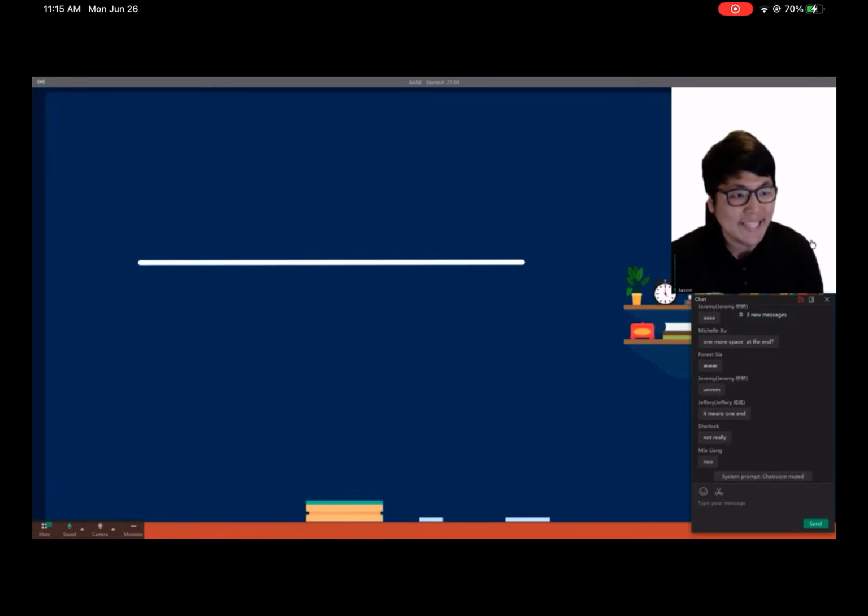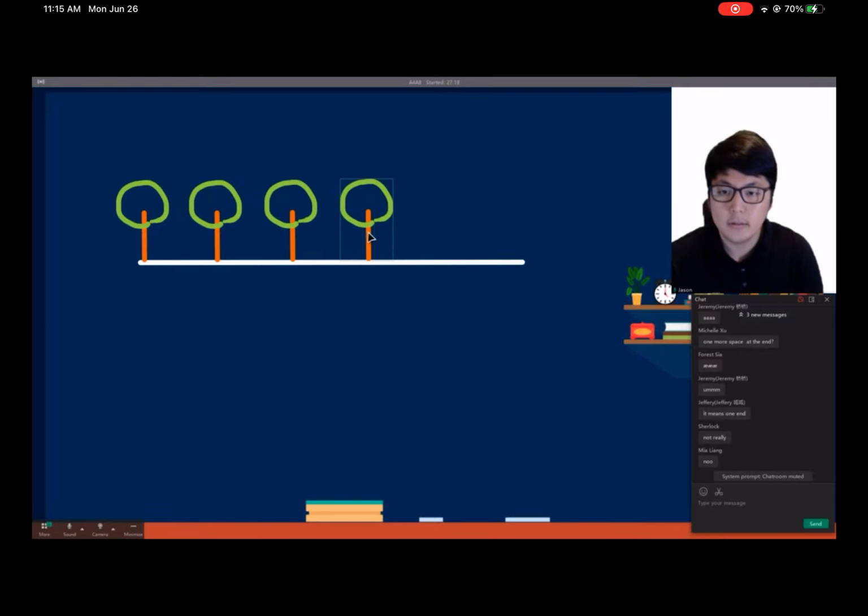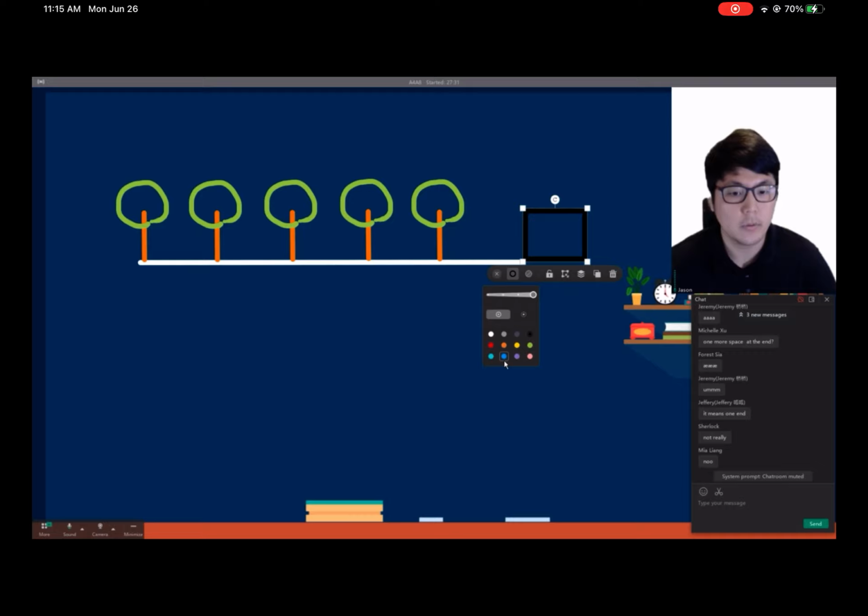Now I have trees planted like this. Let's say I have a tree, and if I spread it out nicely, and let's say we have a little house at the end. It's not a tree. We have a house, but a different color would be nice.